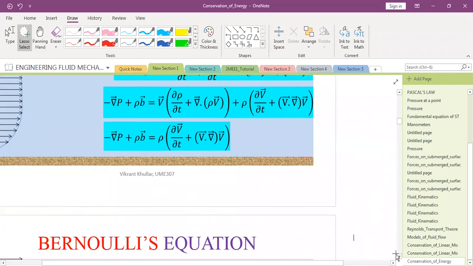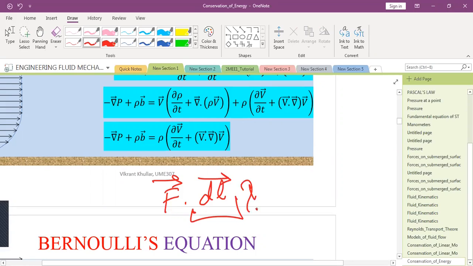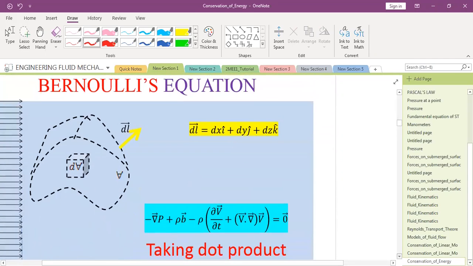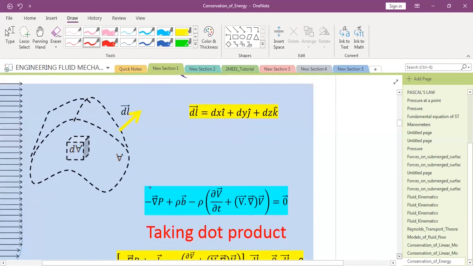So what does that mean? If I want to convert this equation to a corresponding equation of energy, what should I do? Common sense. Multiply by displacement, so I should dot it with the displacement vector. Is that clear? So some force was acting.